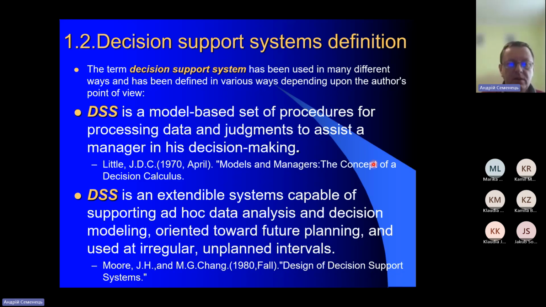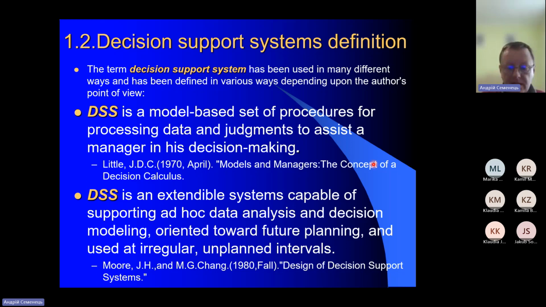Regarding the term decision support system and its understanding, let's take a quick look into history to see how it has changed and how it has come to something more or less modern. If we look 50 years ago, we will see that a DSS was a model-based set of procedures for processing data and judgment to assist a manager in decision making. Nothing is said about systems here, in fact just procedures, and nothing about computers, which is pretty obvious.